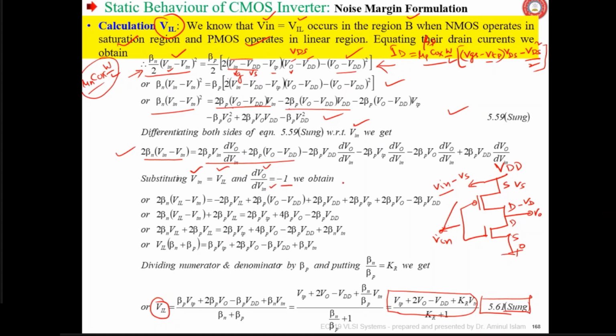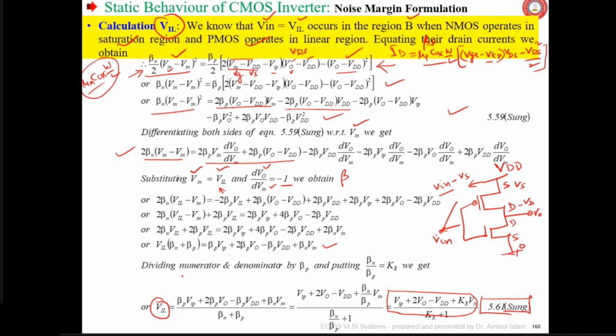This is the region B. We are talking about region B because we are talking about VIL. Understood? So VIL is that input voltage Vin at which dVo by dVin equals -1. Putting this and manipulating it, we get this equation.